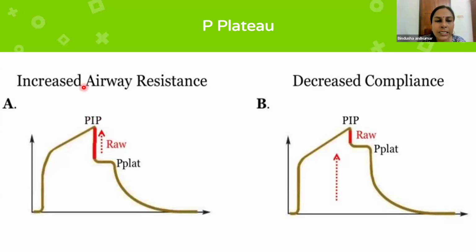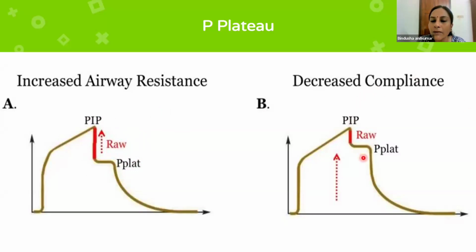So when the patient has an increased airway resistance, the P plateau will be at a lower level than the peak pressure. That tells you that the patient has a higher airway resistance, and all the pressure that we are setting is not getting reflected in the alveoli.